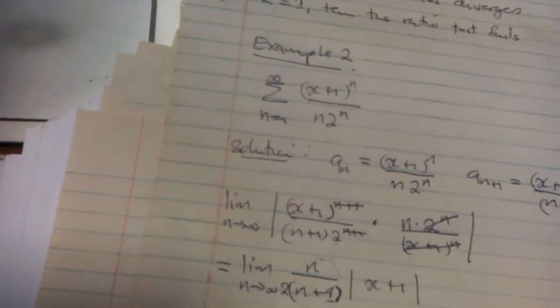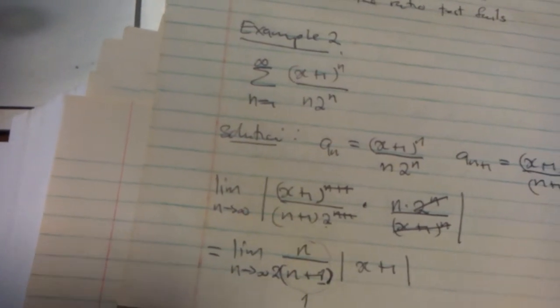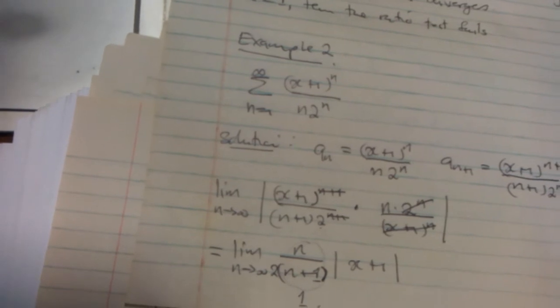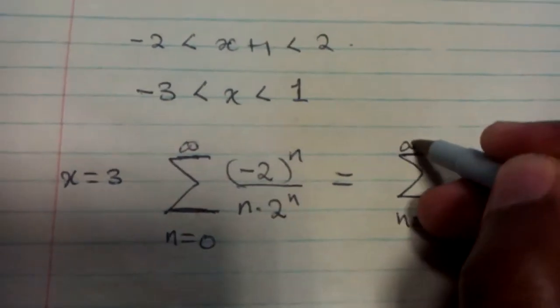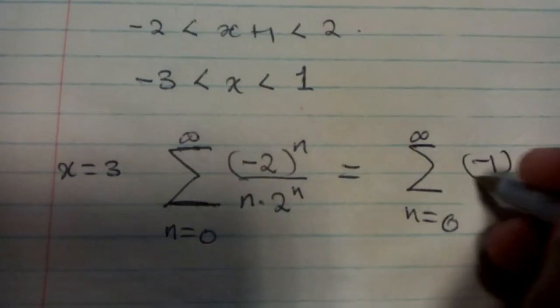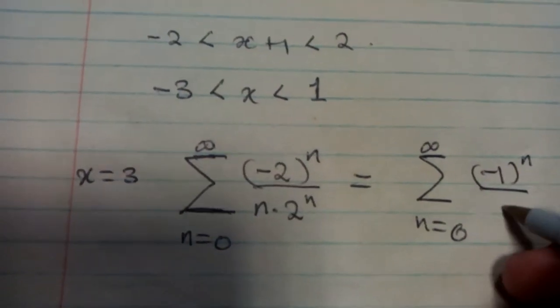Then we get what? Minus 3 plus 1, I get minus 2 to the power n over n times 2 to the n. And clearly this will reduce to what? The sum from n equal to 1 to infinity of minus 1 to the power n over n.